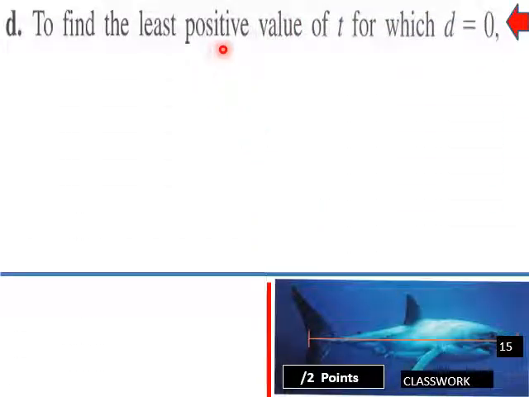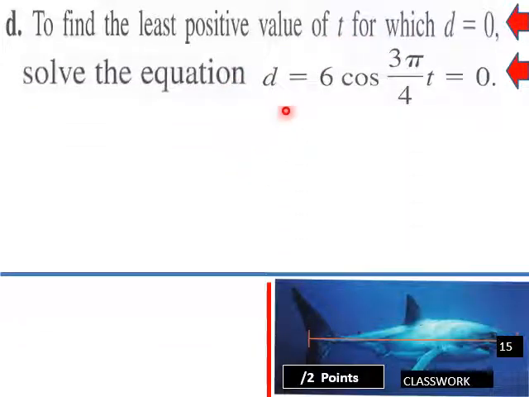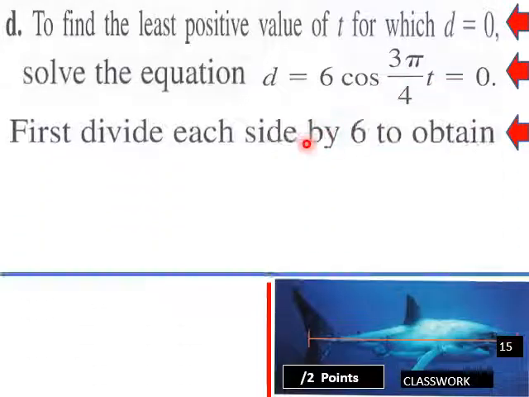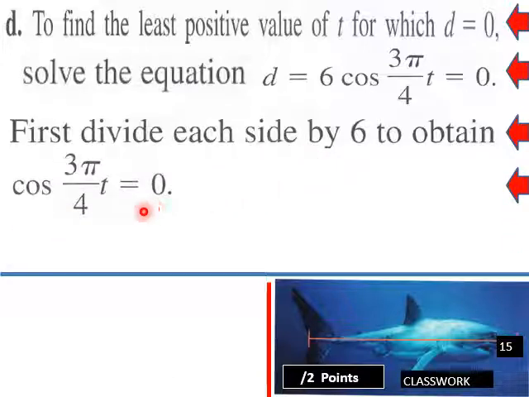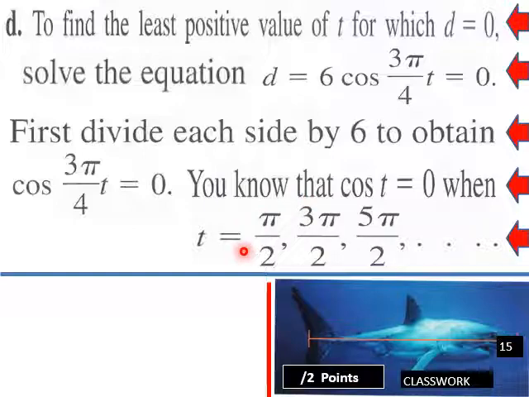And then to find the least positive value of t for which d equals 0, solve the equation d equals 6 cosine 3 pi over 4 t equals 0. First divide each side by 6 to obtain cosine 3 pi over 4 t equals 0. You know that cosine t equals 0 when t equals pi over 2, 3 pi over 2, 5 pi over 2.